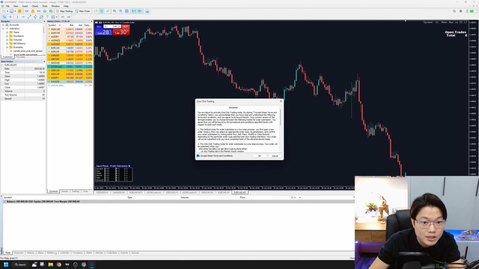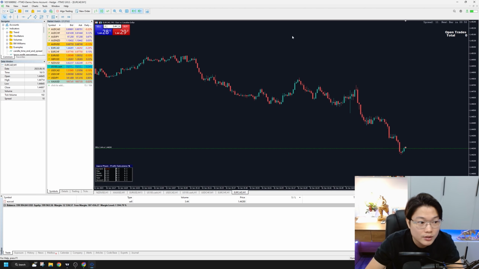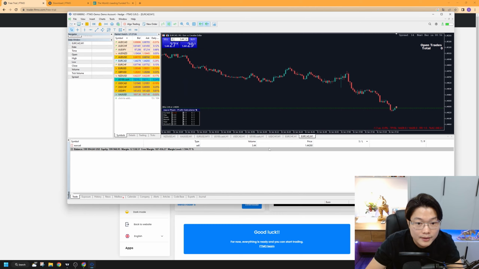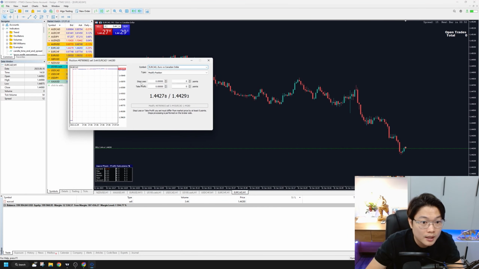Click on short position. For the first time you place an entry, you will have a notification. You just need to click right here and okay, that's no problem. Short, and you can see the trade running right here. And at this time you can click into this one to change the stop loss and the take profit, because this time we don't have a take profit and stop loss.